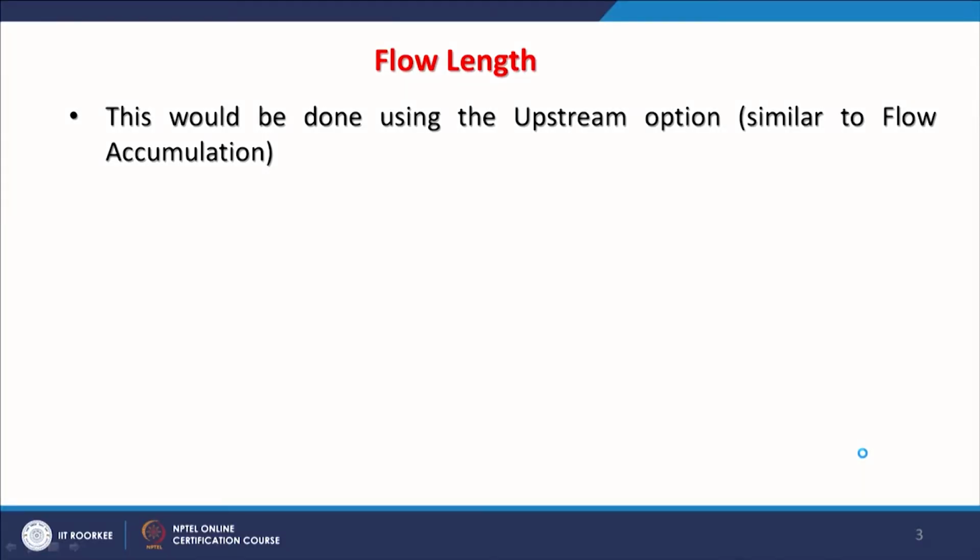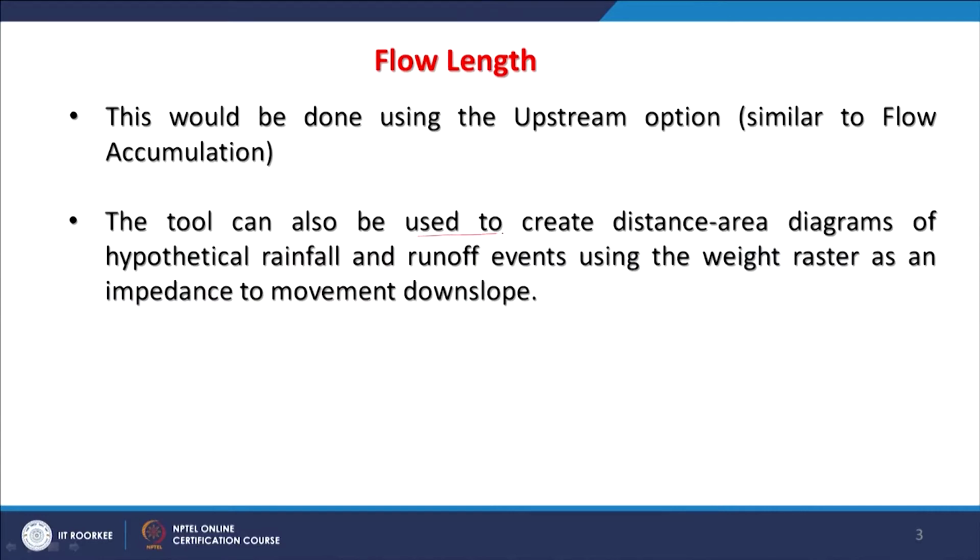This flow length will be derived using the upstream option, similar to flow accumulation, because it is sequential processing in surface hydrologic modeling. So this is basically the fifth step in surface hydrologic modeling. This tool can also be used to create a distance area diagram of hypothetical rainfall and runoff events, using a weight raster as an impedance to the movement down the slope.